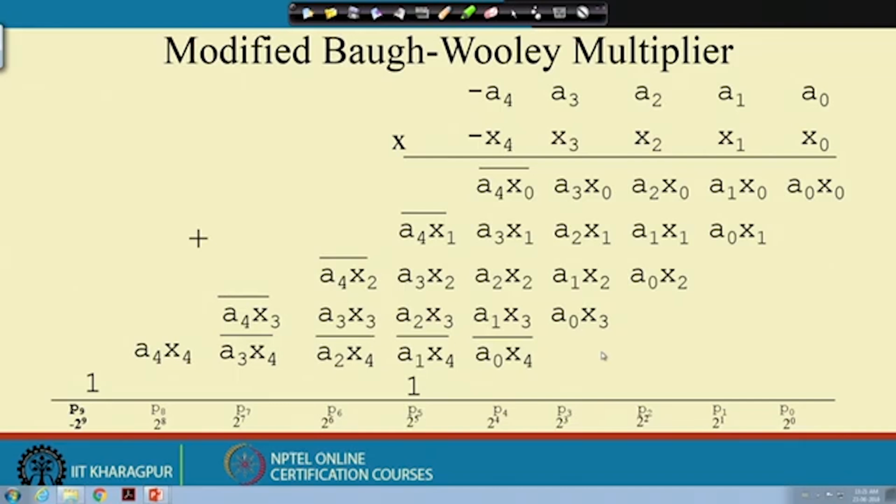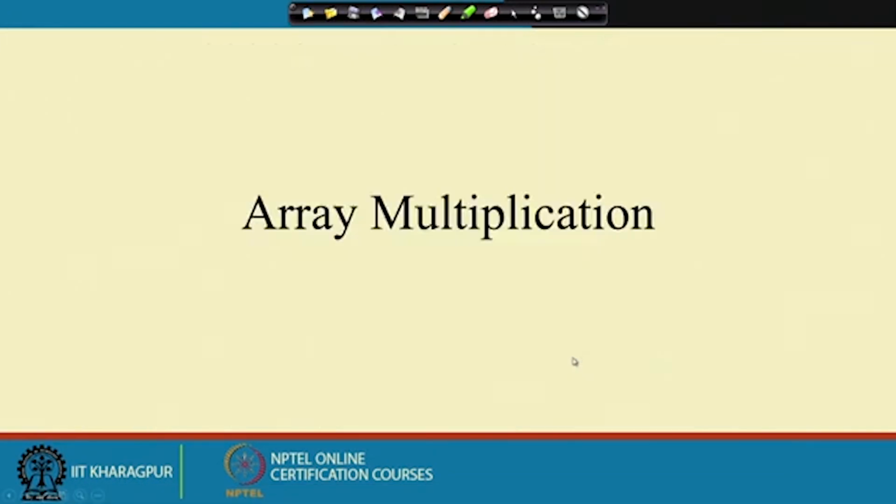Okay. So, this is the basic fundamentals of signed multiplication, which are basically the Booth multiplier, and then we have seen this modified Booth multiplier.